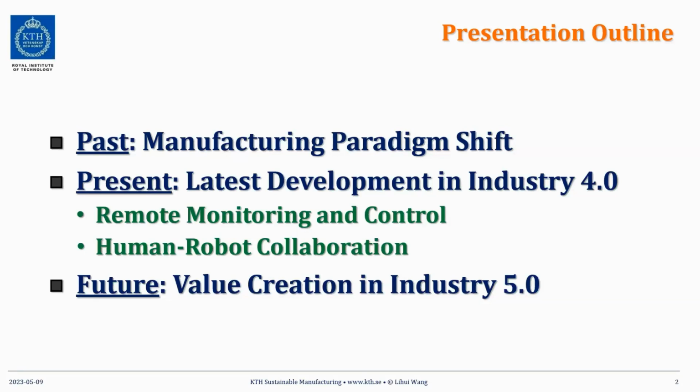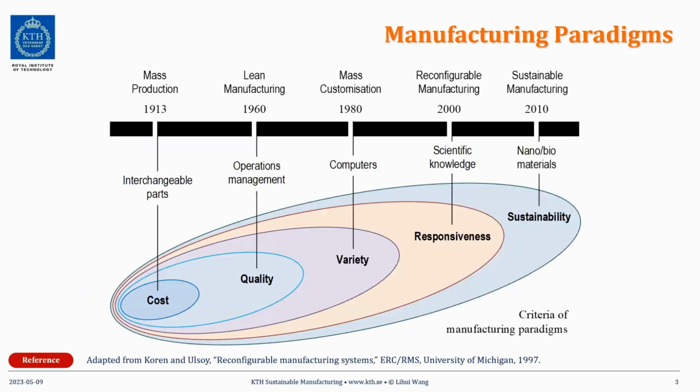Then the second part is related to the latest development along with Industry 4.0, particularly through two examples that we did at KTH. One is remote monitoring and control. The second one is human-robot collaboration. The last part talks about how value can be created along the direction of Industry 5.0.